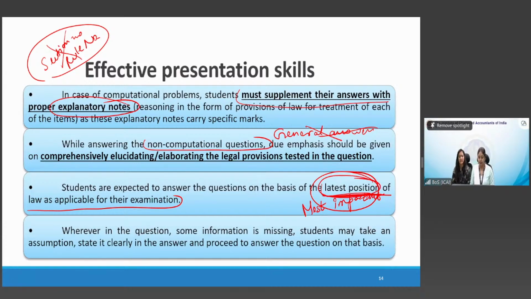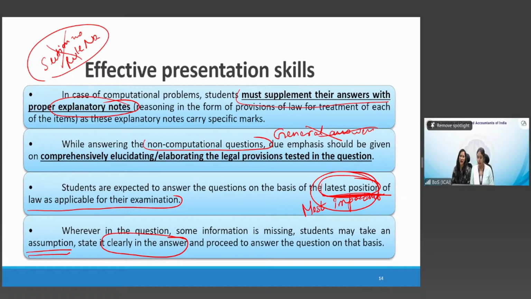Yes, then wherever in the question some information is missing, students may take an assumption, but you have to state it clearly in the answer. See, you can take an assumption. It is a taxation paper, a law-based paper. There is scope for multiple assumptions and interpretations. You may assume it otherwise than the way it is given in the question.